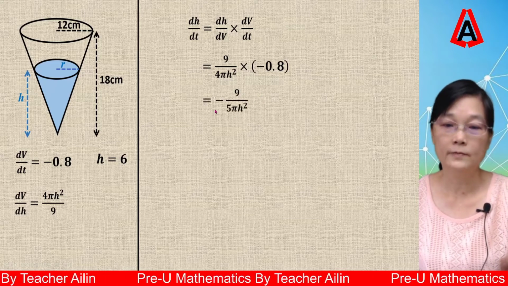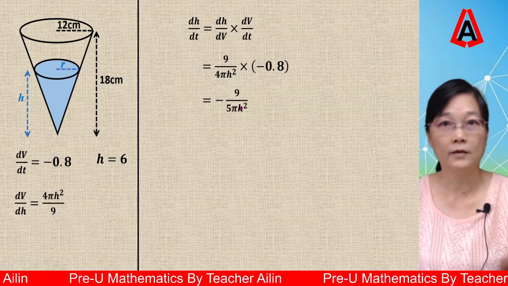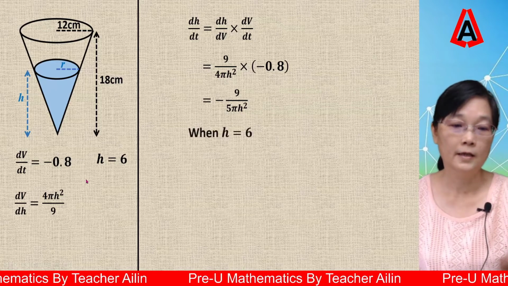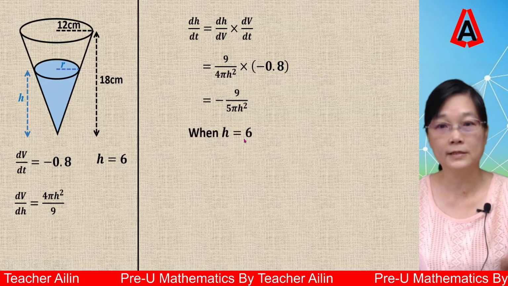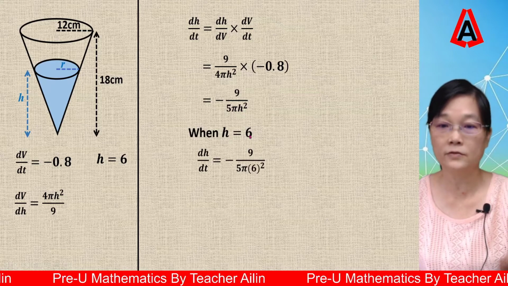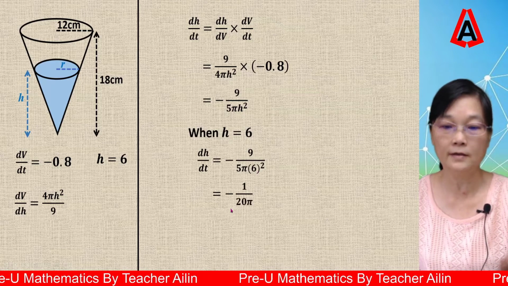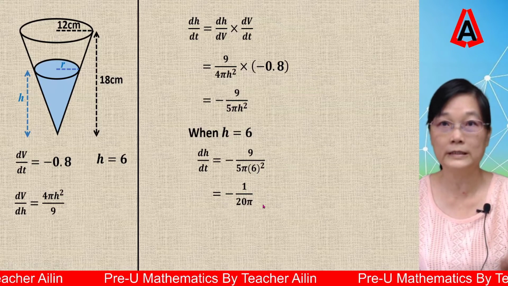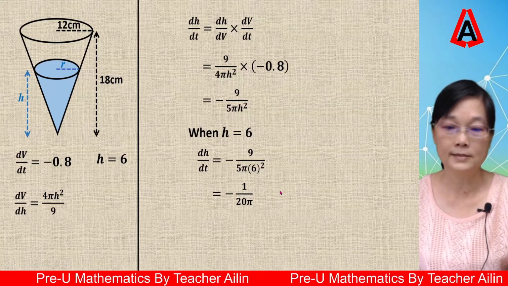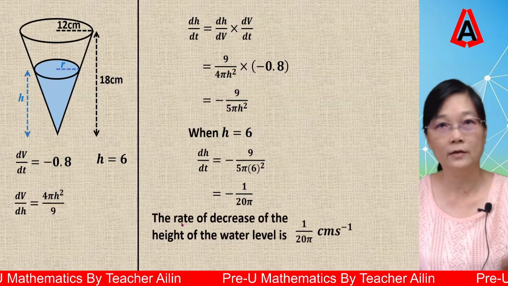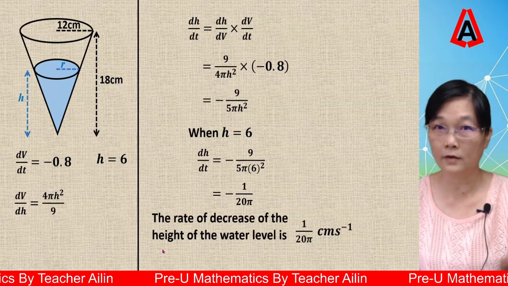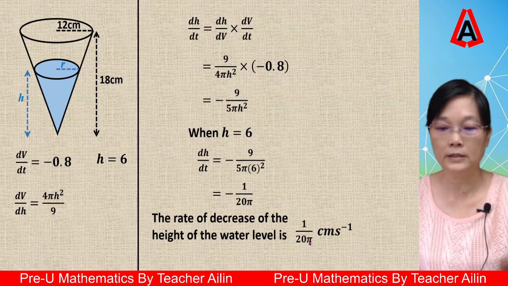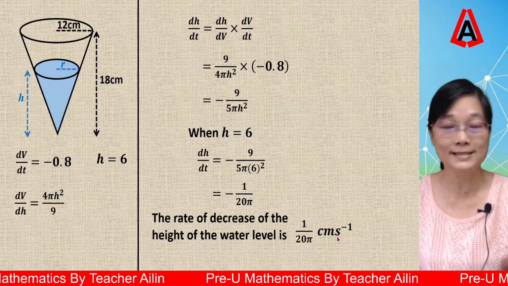Then when we simplify, we get negative 9/(5πh²). And when h is equal to 6, we substitute h with 6 and simplify, and we get dH/dt is negative 1/(20π). So now we answer the question: the rate of decrease of the height of the water level is 1/(20π) cm per second.